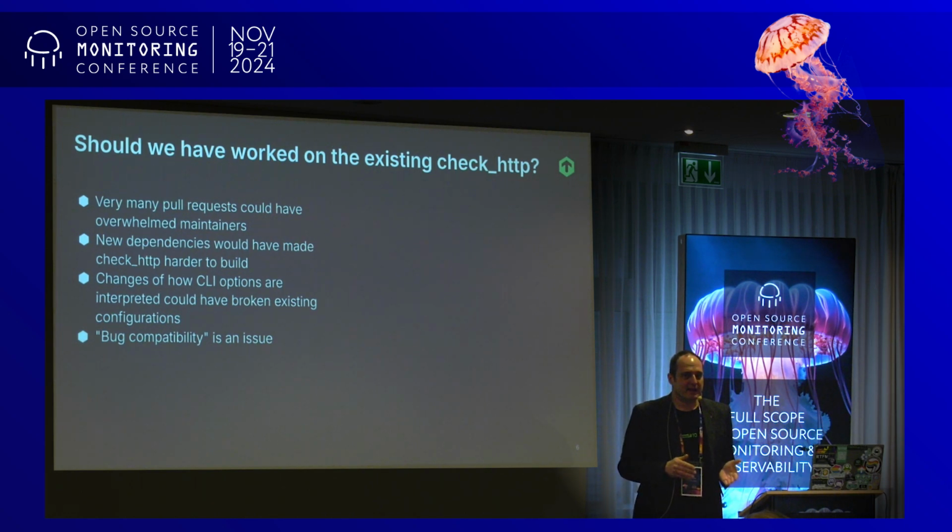The monitoring plugins, for good reasons, try to keep the number of dependencies relatively low, to keep all those monitoring plugins extremely portable. And where it gets really hard, changes of how CLI options are interpreted surely would have broken existing configurations. So even bug compatibility is an issue.